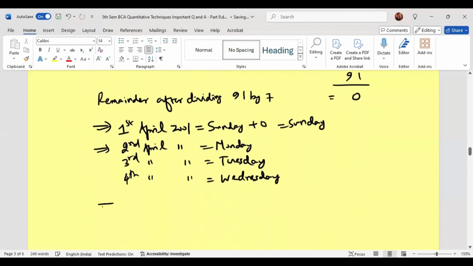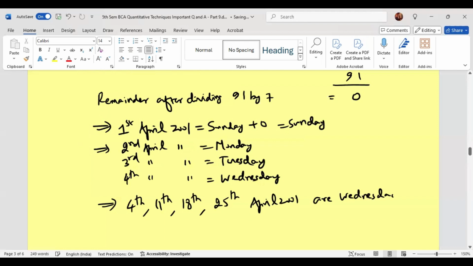That means that 4th, adding 7, 11th, adding 7, 18th, 25th April 2001 are Wednesdays. That will be the solution for this particular question.